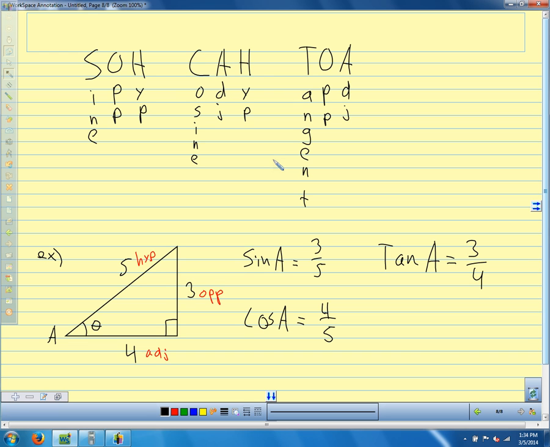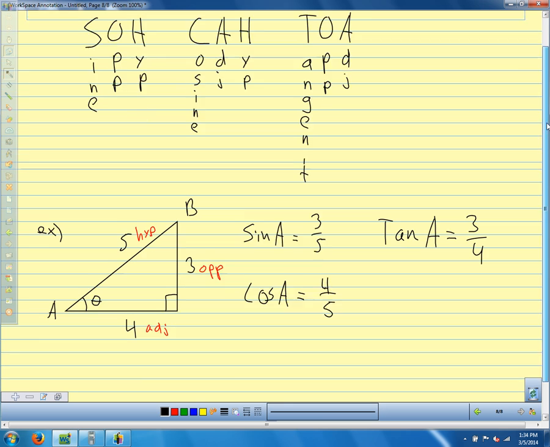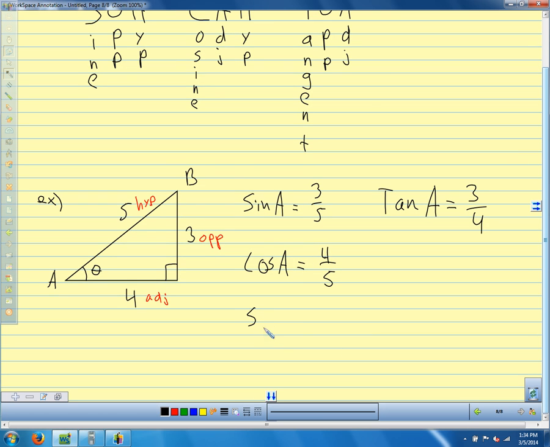Not necessarily. We could do it for B here as well. We call that angle B. Then we could find our sine, cosine, and tangent of B. We won't do it for the right angle. We'll always do it for one of the other angles. So what's the sine of B? Let me circle this one in blue and this one in red, just to color code this.